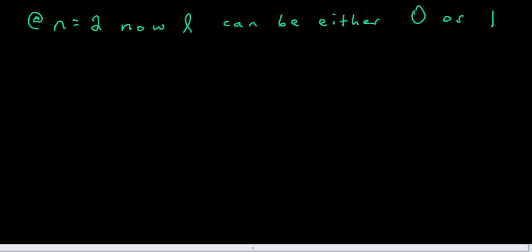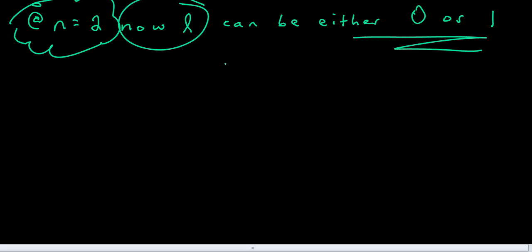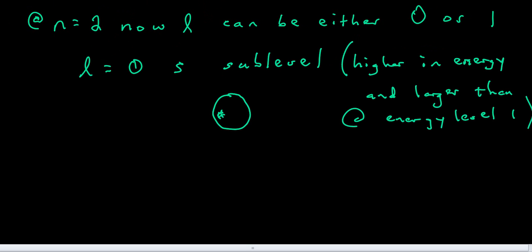When we go up to n equals 2, the next energy level, now our value for L can be either 0 or 1 because we can be n-1 or less for the value of L at any given energy level. The L equals 0 value will once again correspond to an S sublevel.